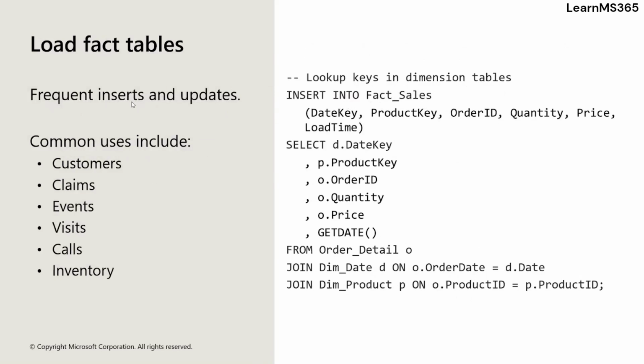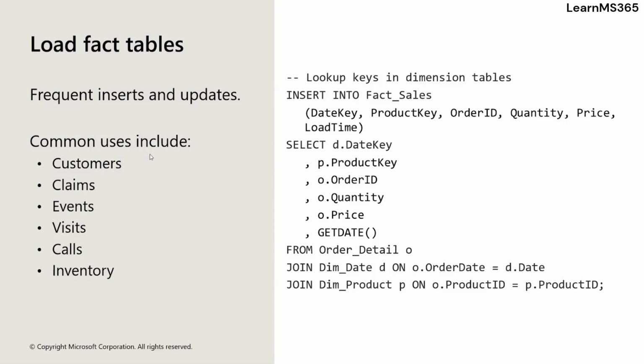Now loading the fact table. The fact table is the core of your data warehouse, serving as the numerical stage for measurable quantities. It stores the metrics of business events, linking dimensions to quantifiable data for analysis.